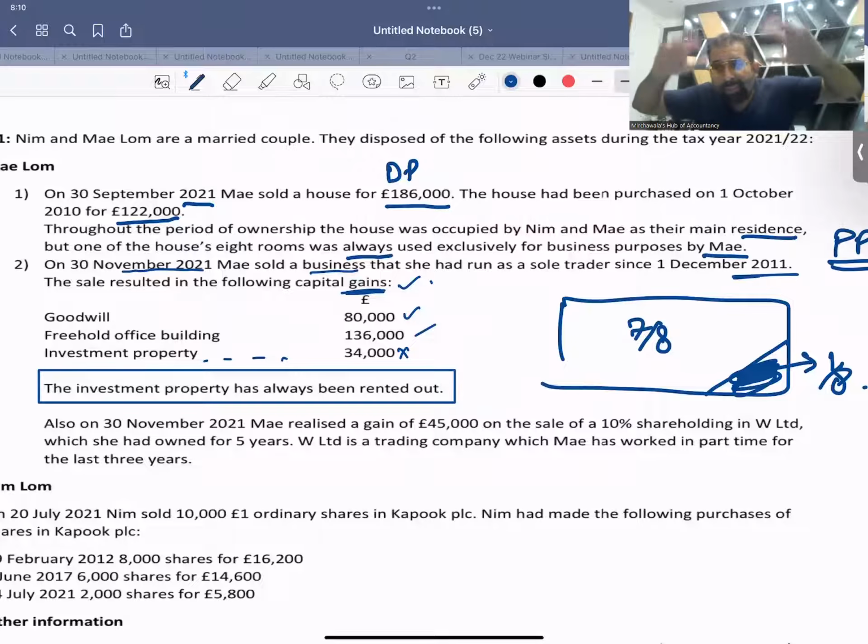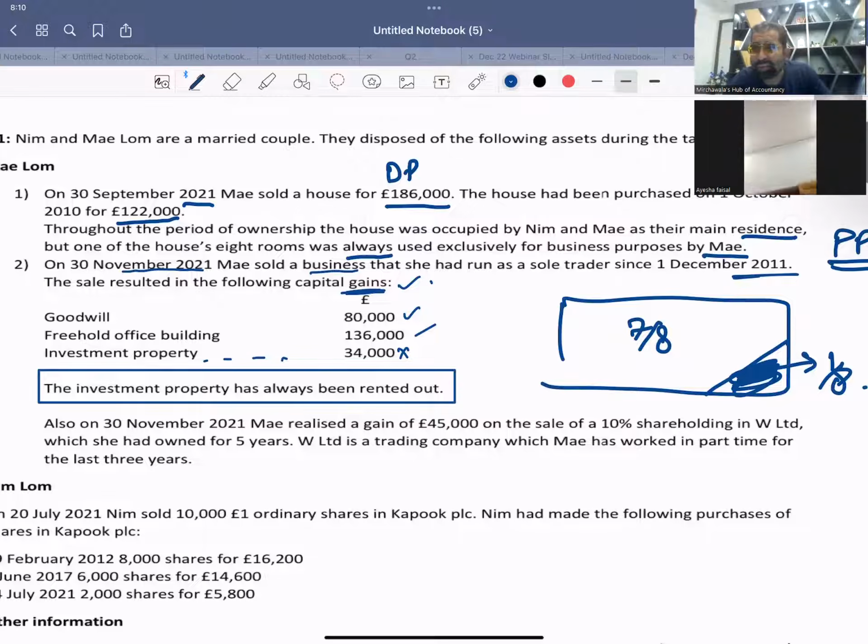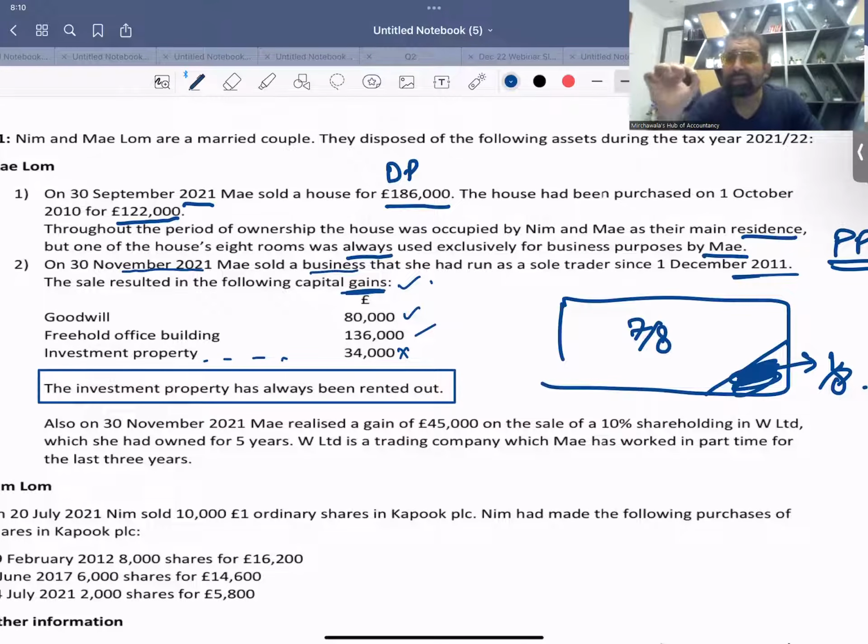Just think about a running business, a complete setup. When you sell a running business, my dear student, you sell all the assets of that business. Some assets in the business are used for business purposes, and some are used for non-business purposes, like investment purposes.